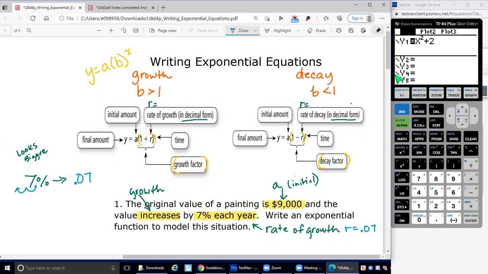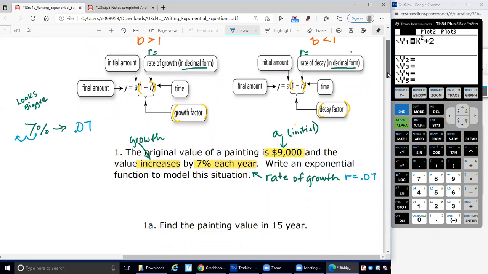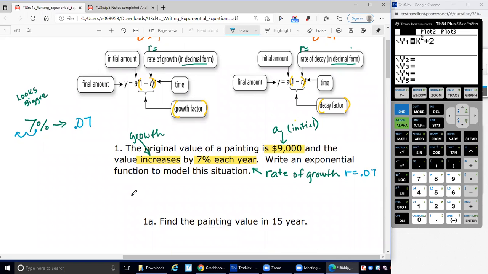0.07. So I'm going to go ahead and write my equation. Y will equal my initial amount of 9,000 times 1 plus, because it's growth, 0.07 to the power of t, which, you know, we're probably going to be using x in there, okay?